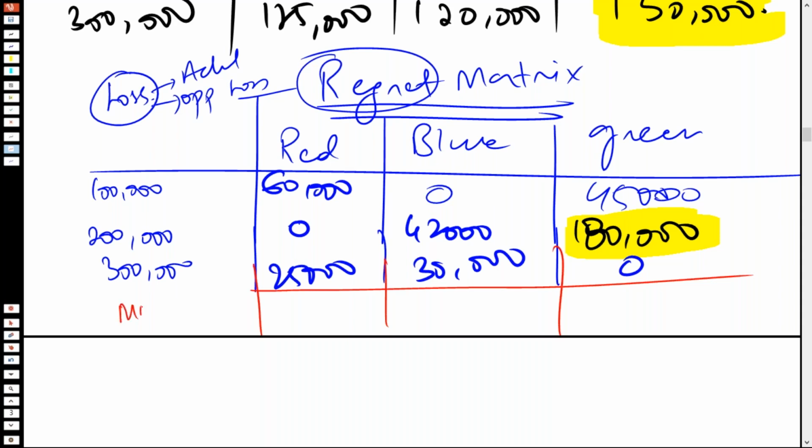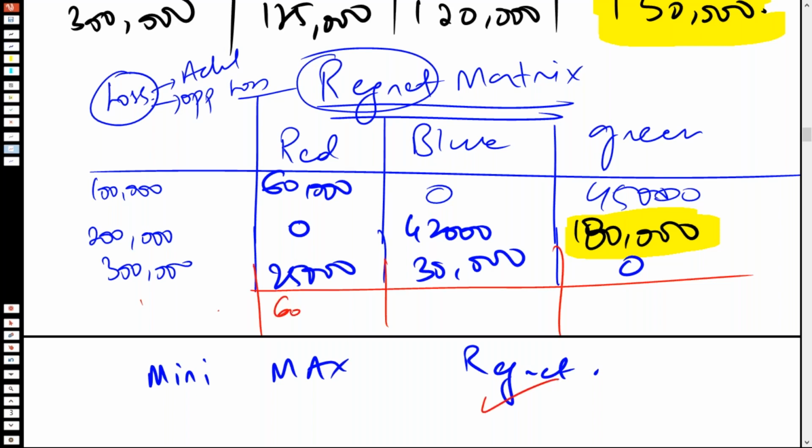Now you would identify the minimum value out of them. Sorry, kindly read it again. It's mini max regret. This action is done.